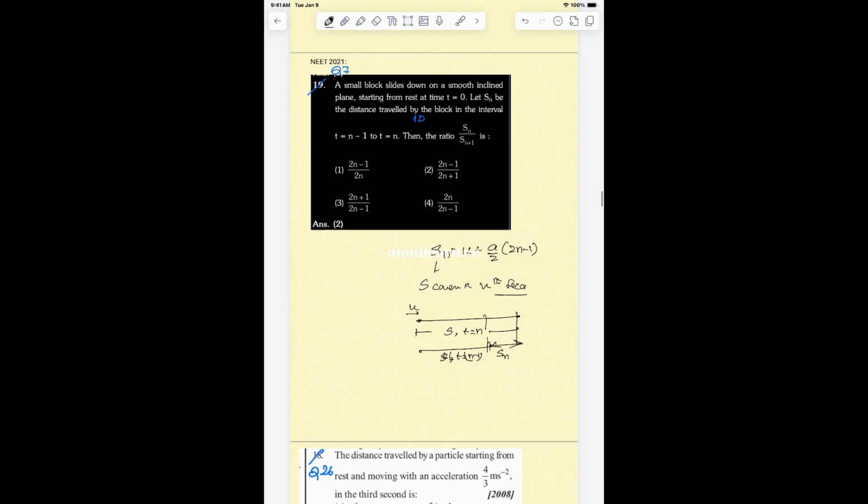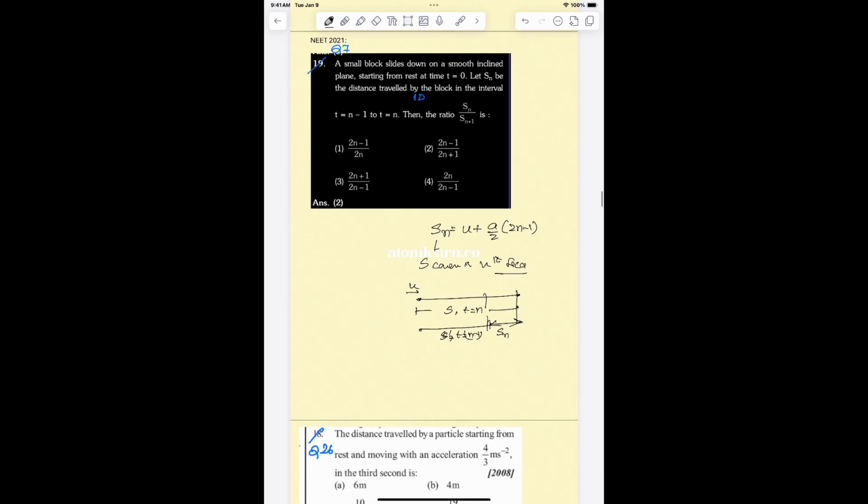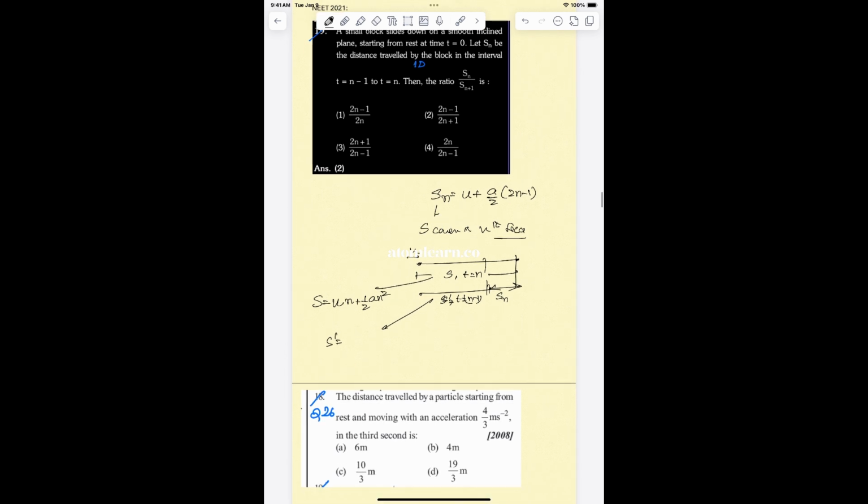Now how do you calculate this? This formula gives s as u into t, which is n seconds, plus half a n squared. Then s dash for n minus 1 seconds is given by u into n minus 1 plus half a into n minus 1 whole squared.